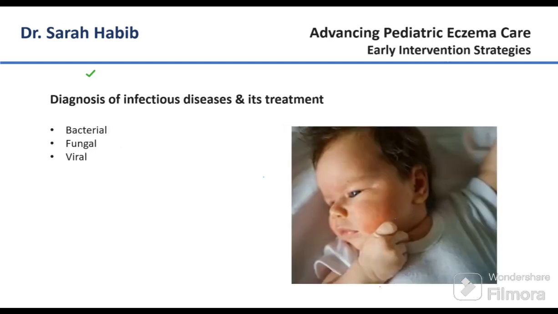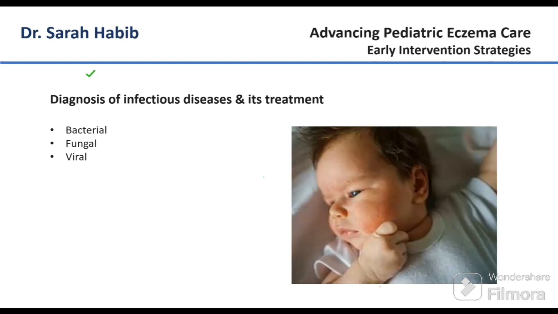Moving on to the next slide, these are diagnoses of infectious diseases, because atopic dermatitis is a playground for infections. So sometimes bacterial, fungal, and viral infections, like bacterial ones such as impetigo and erysipelas, are common on atopic skin.